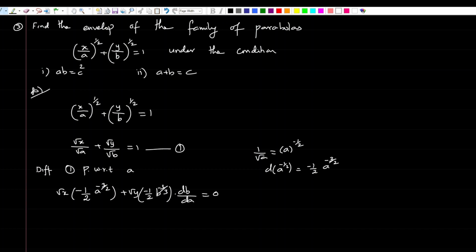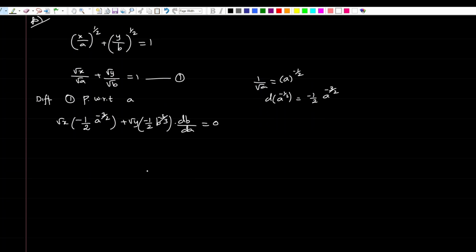Okay. Therefore, you see here, here I am using db by da. You can also use dou b by dou a. Since it is partial differentiation, you can also use dou b by dou a.